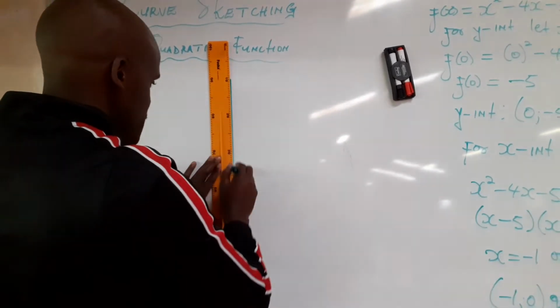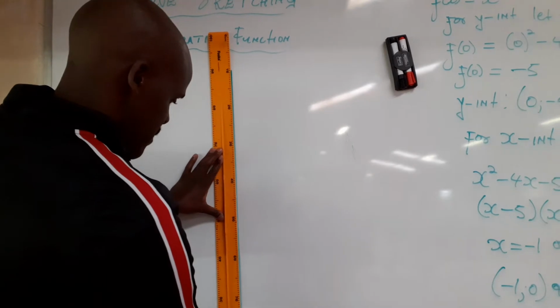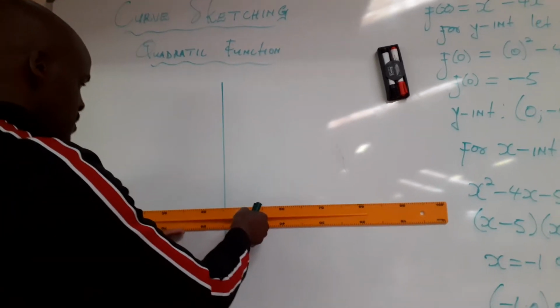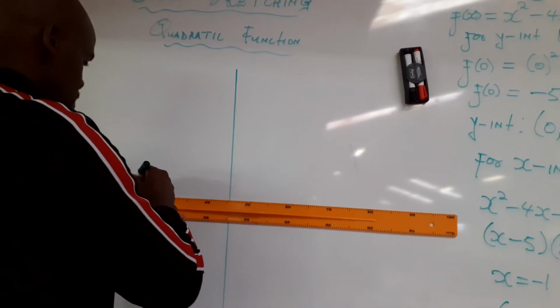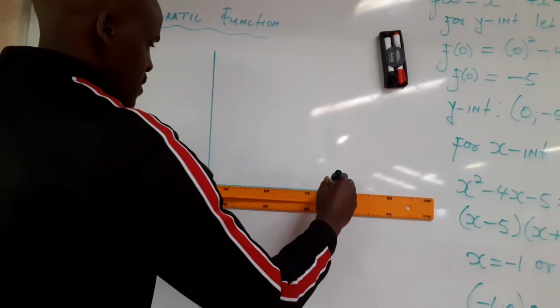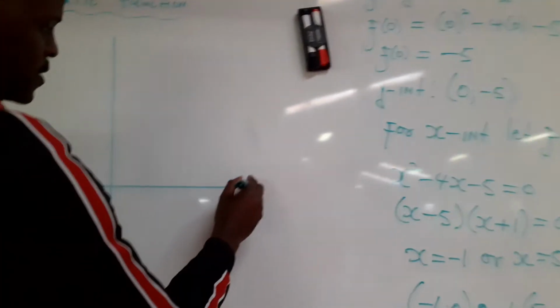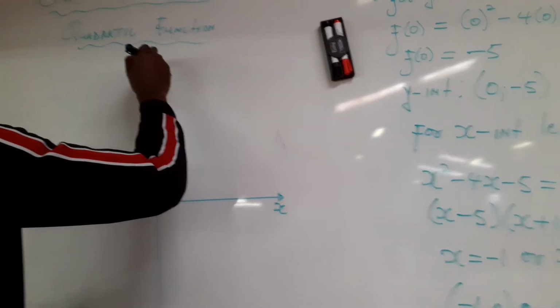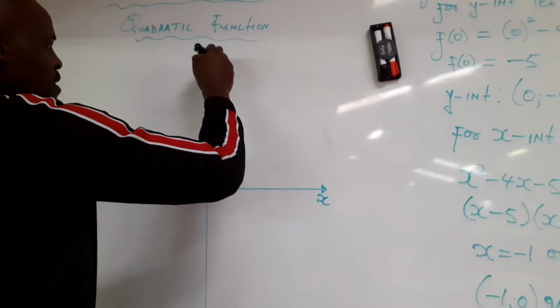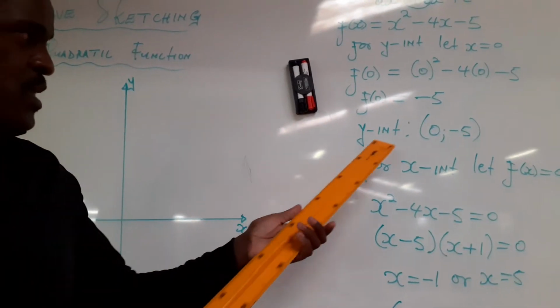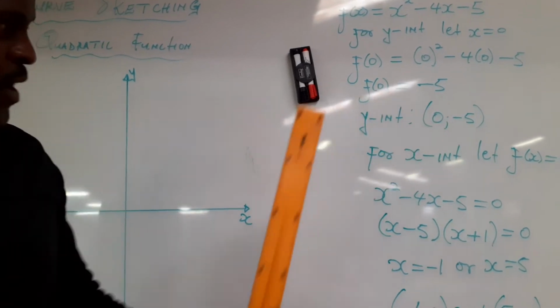We need the Cartesian plane to sketch the graph. It's the x-axis and the y-axis, right? Let's indicate all these points. Let's start with the y-intercept.